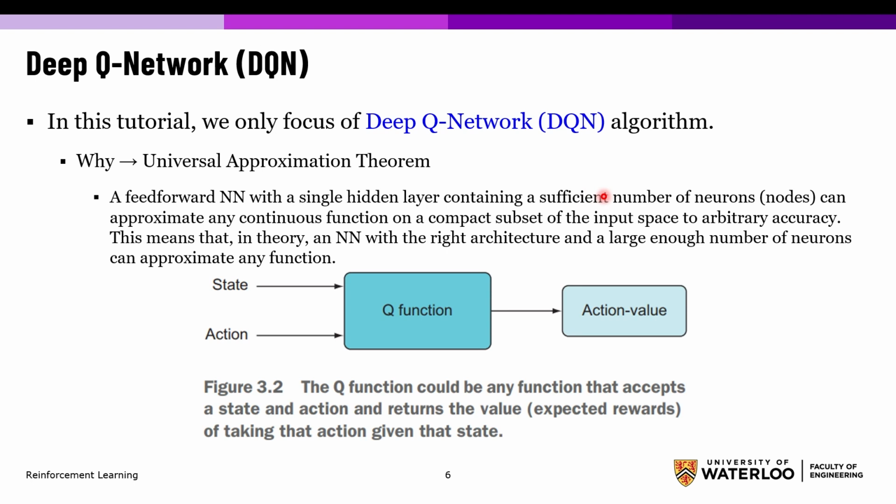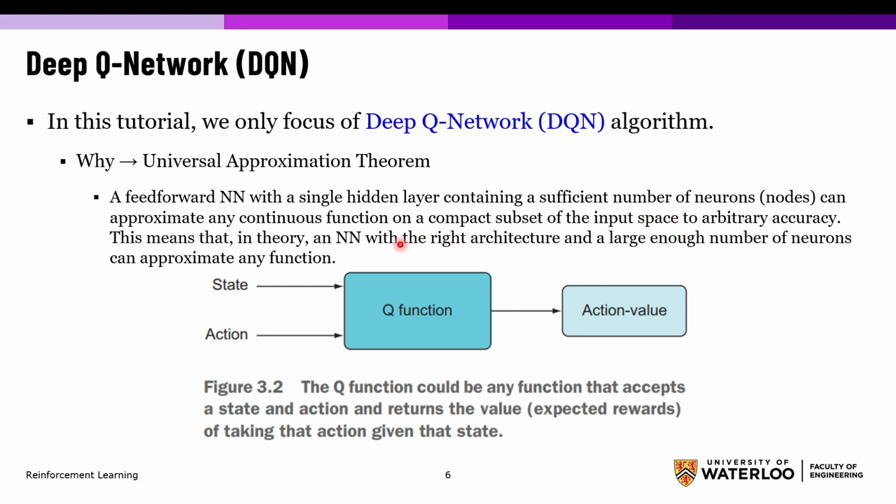Why are we using a feed-forward neural network as the Q function? This is due to the universal approximation theorem, which states that a single-layer neural network, like a feed-forward network with a single hidden layer that contains a sufficient number of neurons, can approximate any continuous function on a compact set of the input space to arbitrary accuracy.